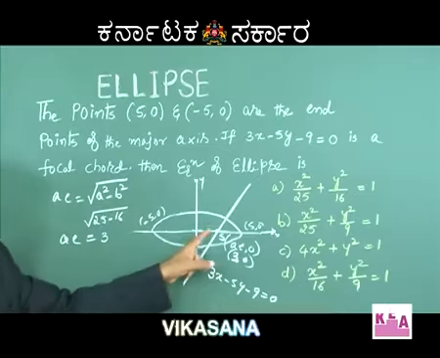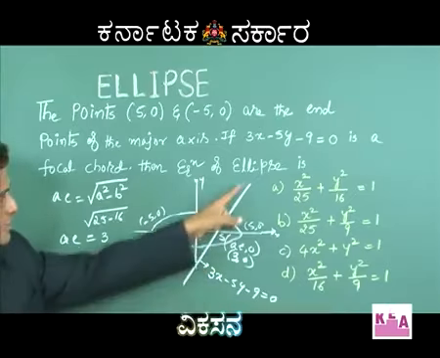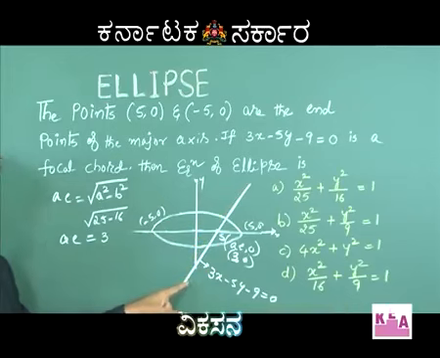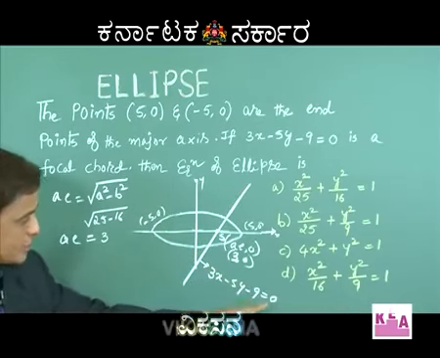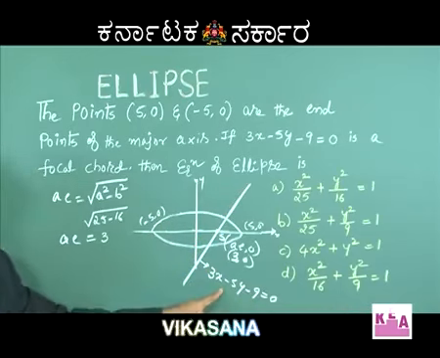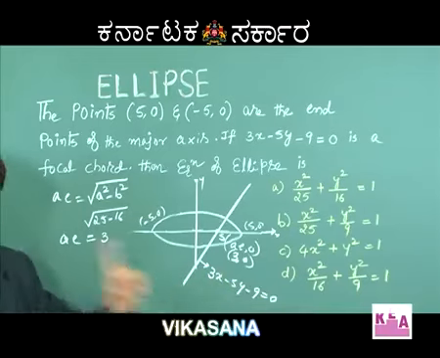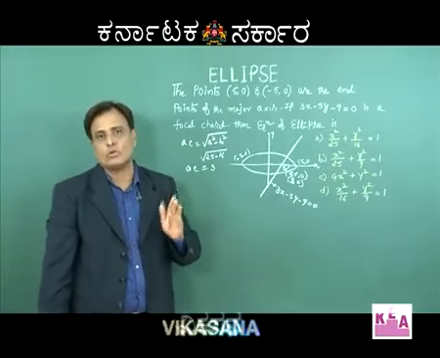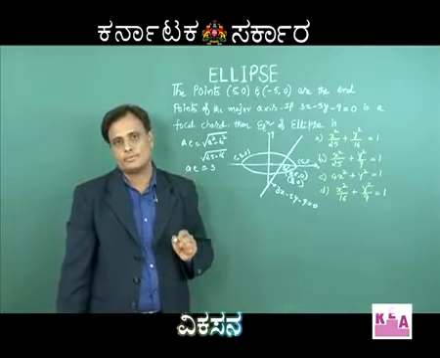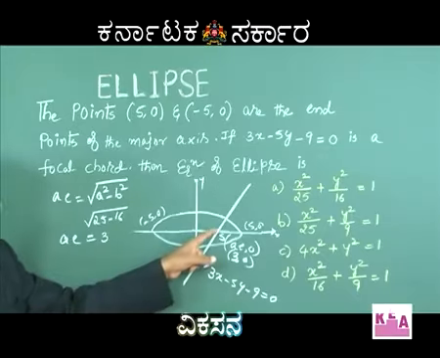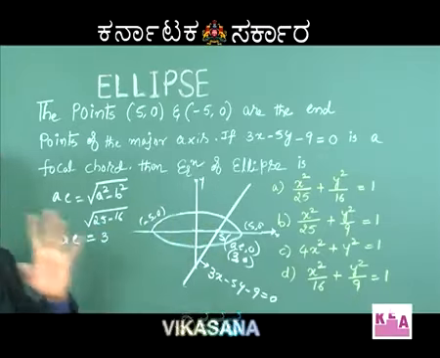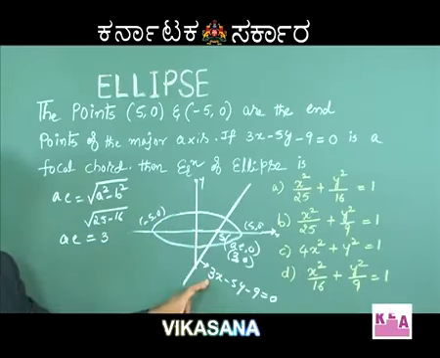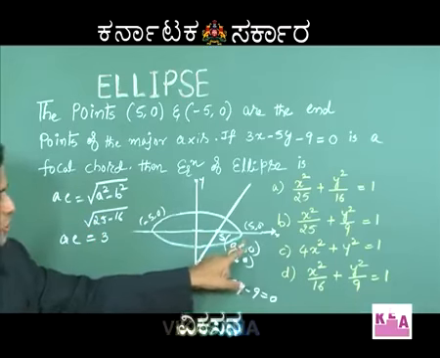Look at this. Since the focus lies on the line 3x minus 5y minus 9 is equal to 0, by data 3x minus 5y minus 9 is equal to 0 is the focal chord. Focal chord means it passes through the focus. It is our duty to see whether it satisfies or not. But to check this, we do not know the value of ae.